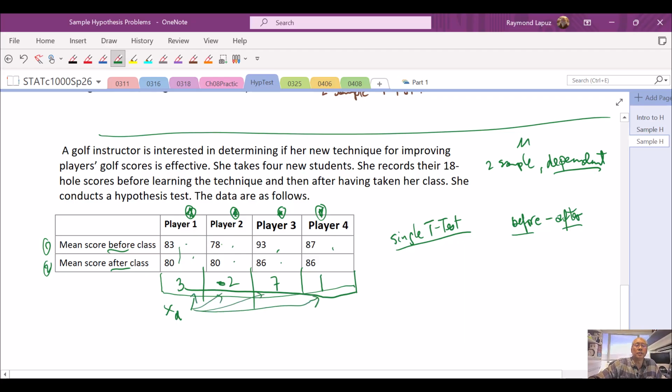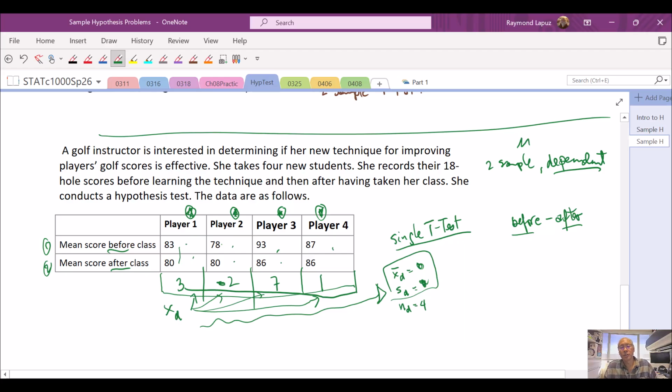What you need to do is produce your x bar sub d and your s sub d, and then your n sub d, or just n because it's all the same for this, is equal to 4. You'll have to find these by doing the statistics.